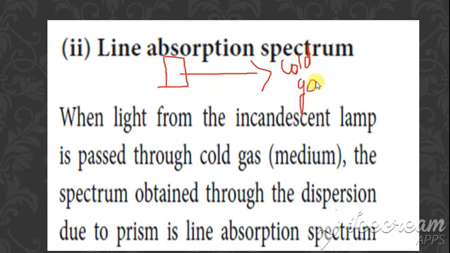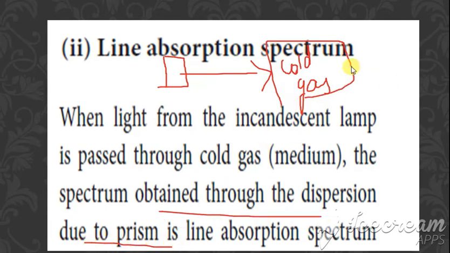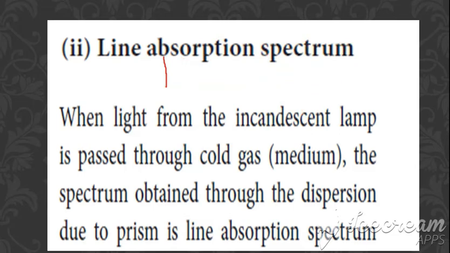So when we pass this light through the cold gas, what happens? The spectrum obtained through the dispersion due to the prism is line absorption spectrum. So the light that comes out dispersed from this is what? Line absorption spectrum. Clear? So when the light from the incandescent lamp is passed through the cold gas, then we obtain the line absorption spectrum.